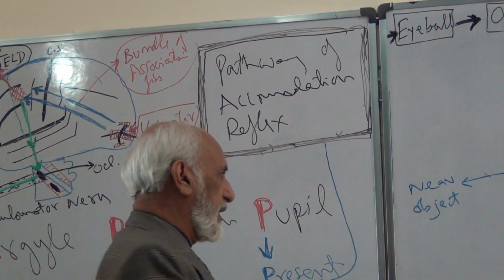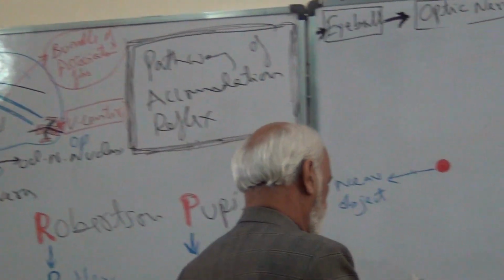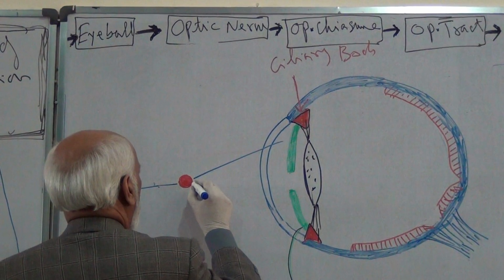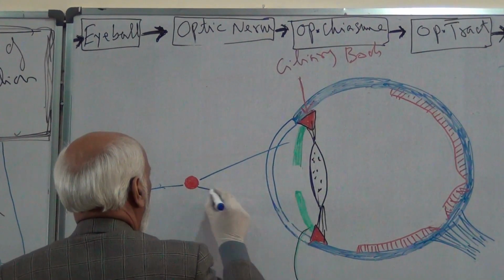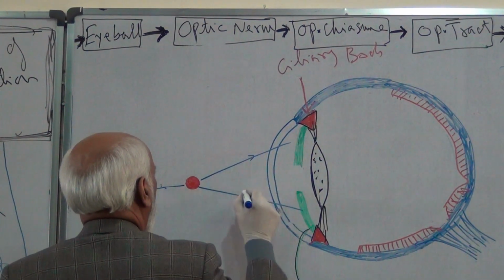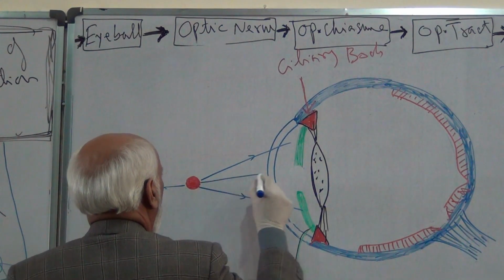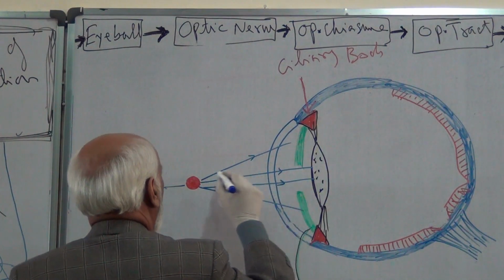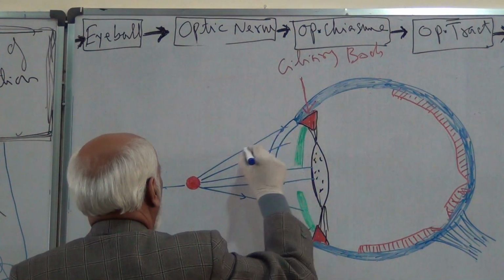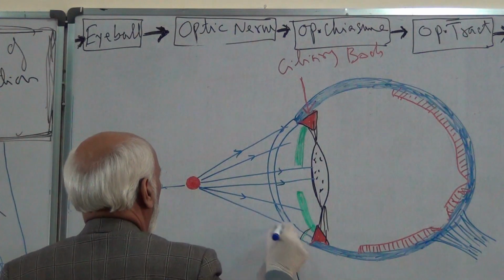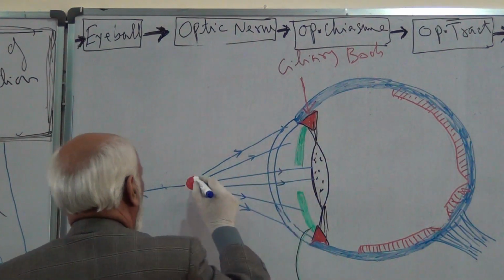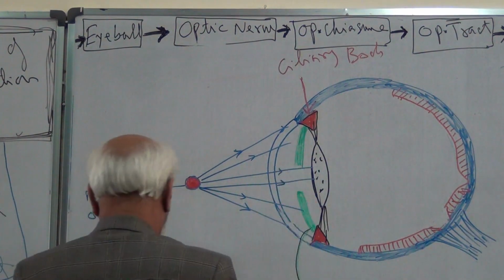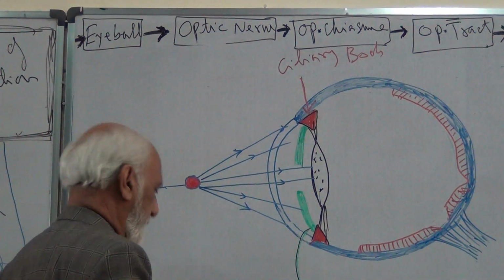The rays coming from a near object are always divergent. Rays from a near object traverse the cornea and enter the eyeball.